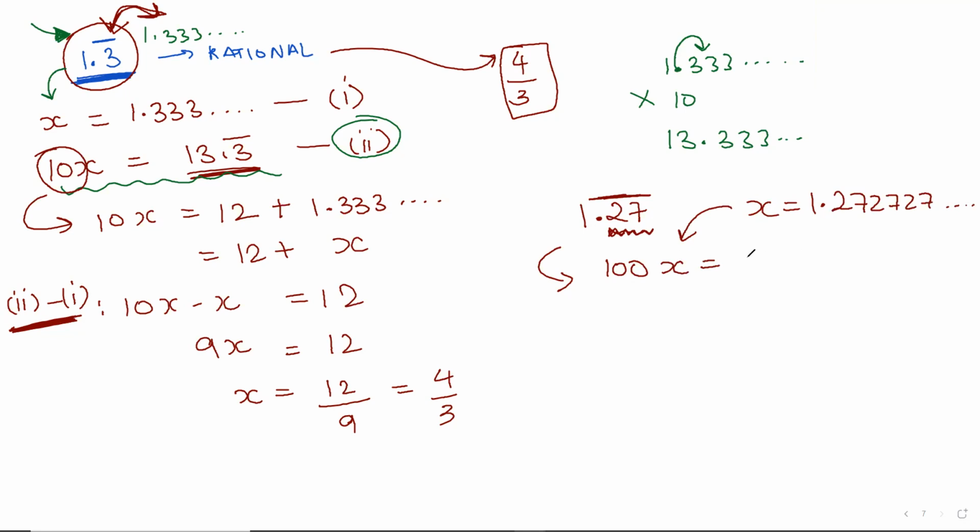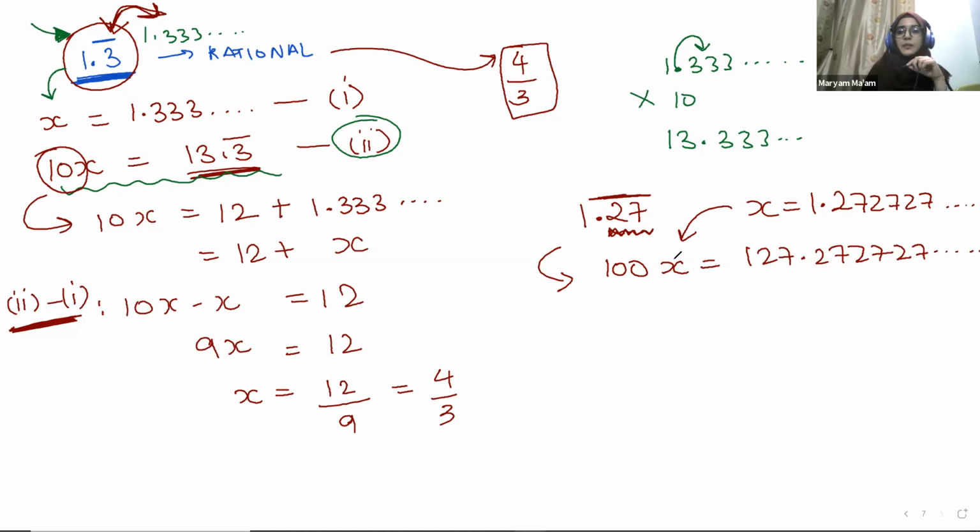Yes, ma'am. 100x is equal to 100 into 1.27 bar, then it will be 127.27 bar. Yes, ma'am. Right, so this 27 keeps on repeating. Now what you need to do is just subtract this from this.